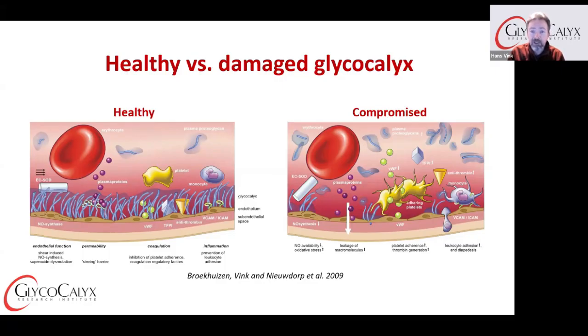As soon as you take away the stimuli that break down glycocalyx and it starts recovering, the osmotic gradient over the glycocalyx that usually prevents leakage is rebuilt, which will pull fluids back into your vascular space.